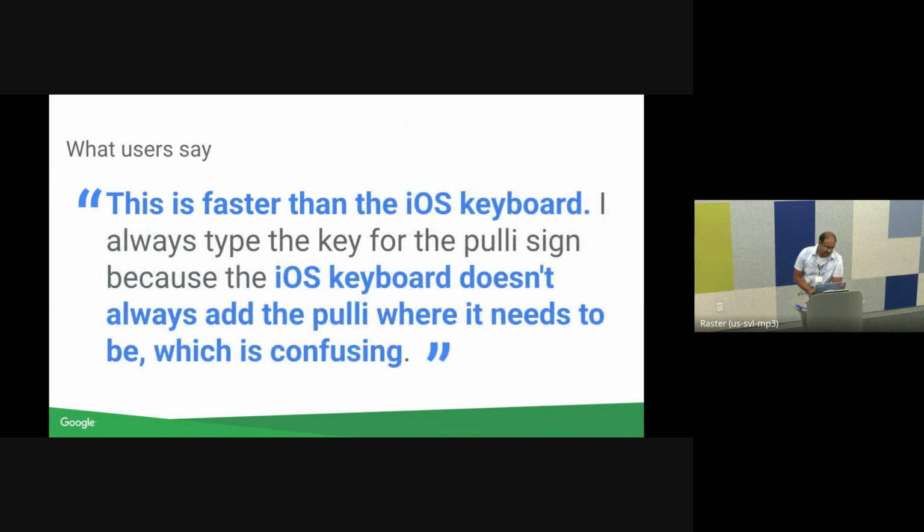Another person said this is faster than the iOS keyboard, because the iOS keyboard doesn't always add the pulli, the dot that indicates the pure consonant, where it needs to be, which is confusing. Again, the word confusing, the opposite of simple, consistent design. They have to think about this.